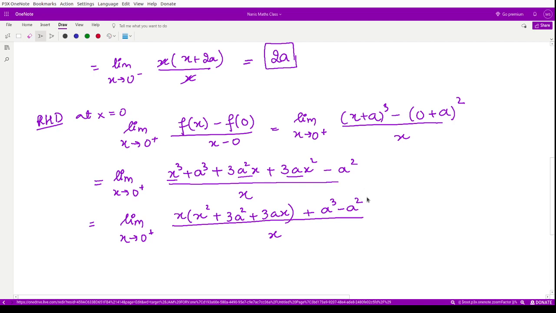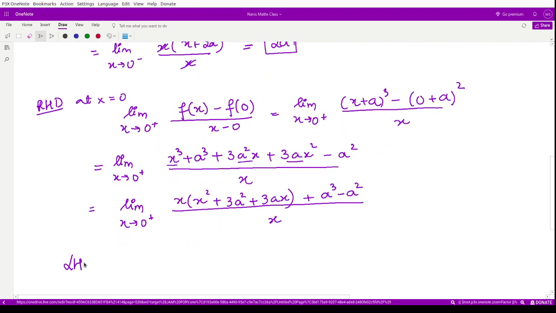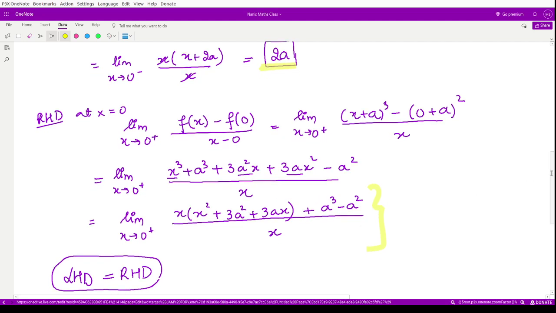In order for the first derivative to exist, this left hand limit should be equal to the right hand limit. That means the left derivative value should be equivalent to this particular value, whatever it is. So for that I want this thing to be equal to 2a. So what should be the value of a? That is the question over here.